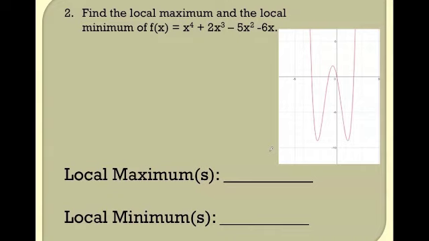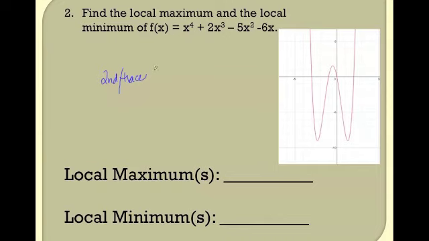Okay, to find the local maximum and local minimum of this graph, you're going to do exactly the same thing. You're going to put this in your calculator, and again, it's second, trace. The trace button is beside your graph button.